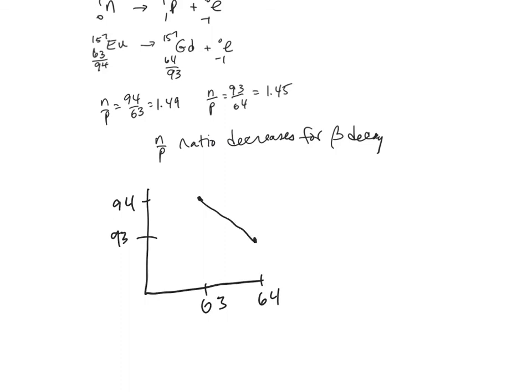So this one goes down and then over to the right. So the top one was europium, bottom one was gadolinium 64. Okay, so then that is to the left of the valley of stability. So you'd see this transition towards this valley of stability associated with beta decay.